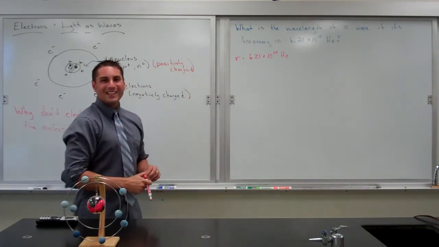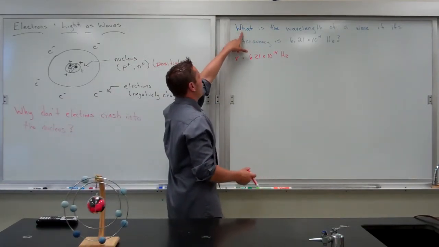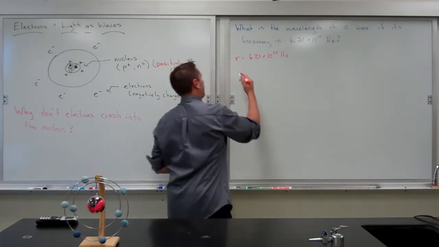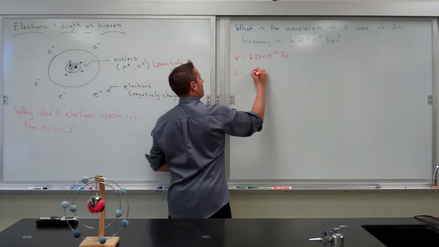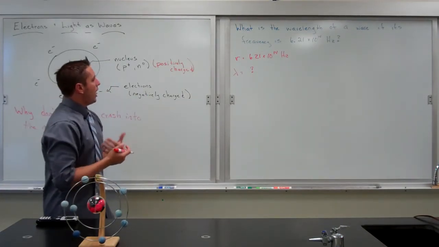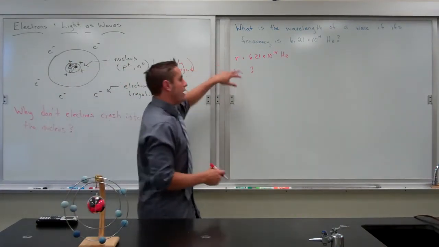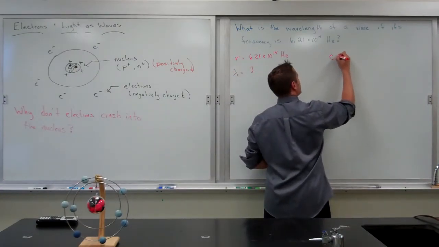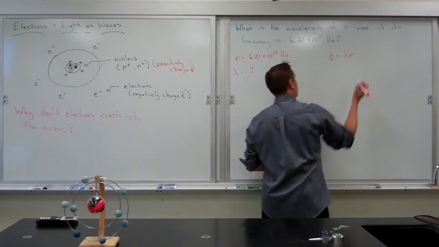Then I look for what it's asking. Here's my question word. What is the wavelength? I'm looking for lambda. I'm out of numbers. I listed what I'm looking for. I choose an equation. Only one equation has these two things in it. c equals lambda v.